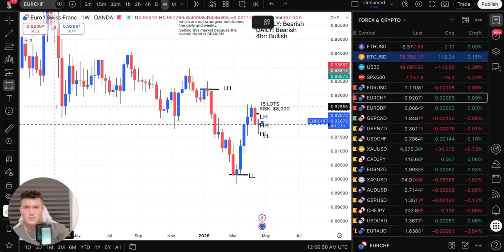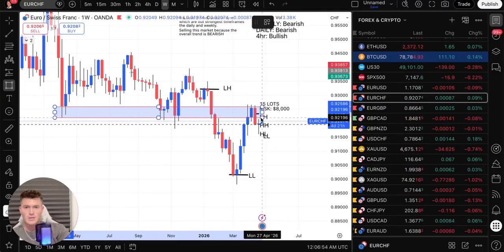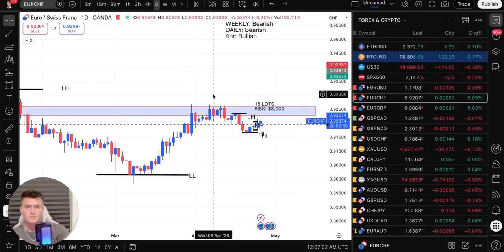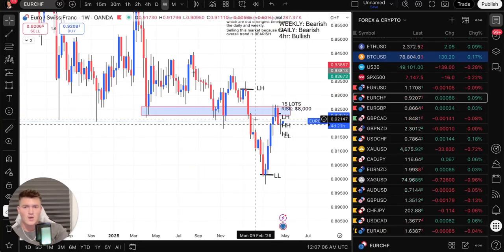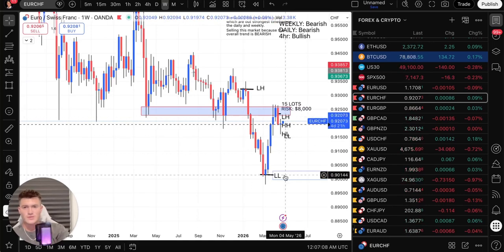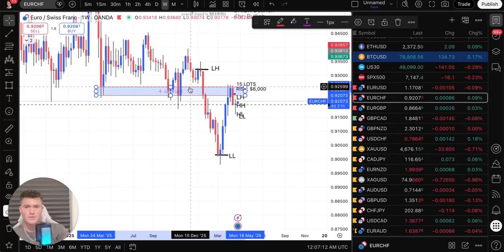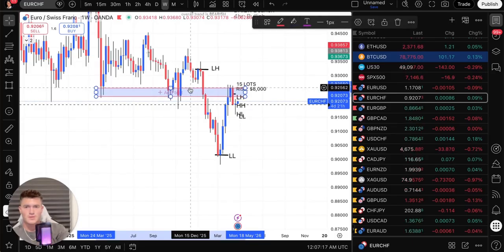I see this right here, that there, this here. Okay, so here I see our weekly area of interest. So I see one tap to this area here.